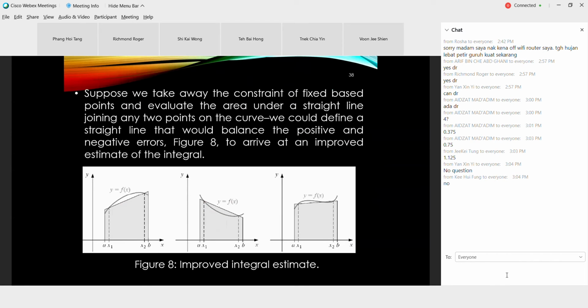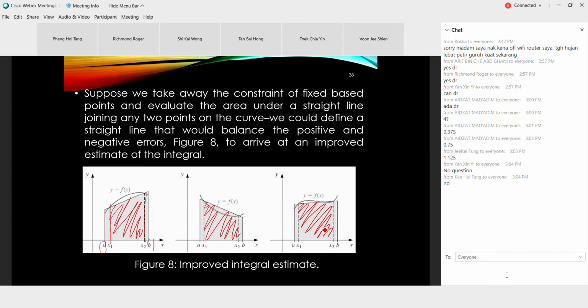So what Gauss quadrature does is cut from the original points a and b, a little bit toward the inner side of the area. So this is the area using Gauss quadrature.